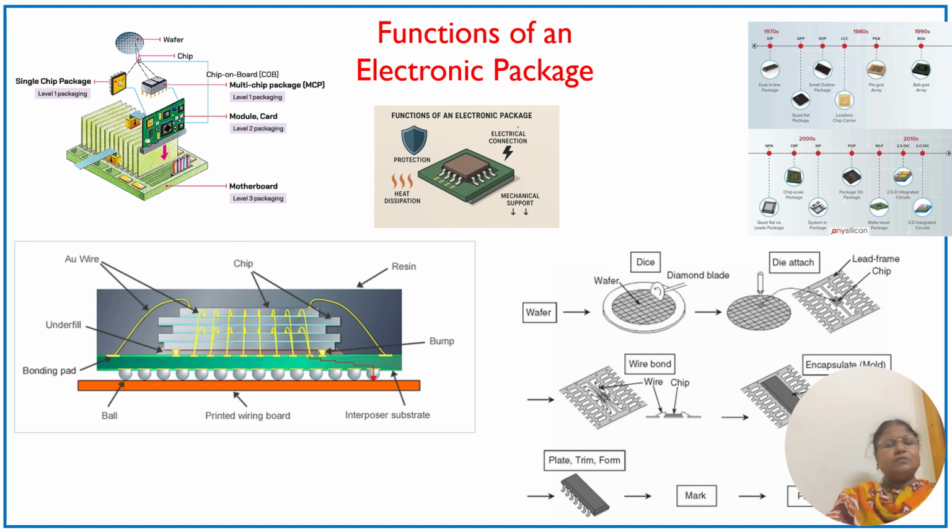This chip will have a top face as well as a bottom. The bottom is placed and the top faces upward, and then you can have some encapsulation. The black outer covering which you can see here is the encapsulation. It can be a plastic encapsulant or a metal. Metal is a conductor, so we go for some other type, a polymer encapsulant, or a ceramic. There are different types.